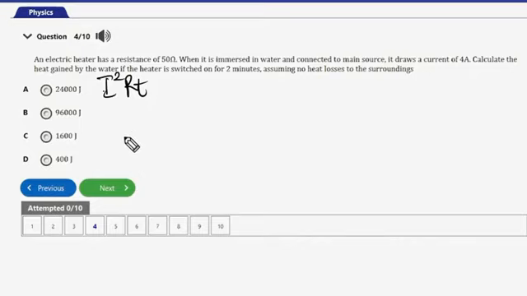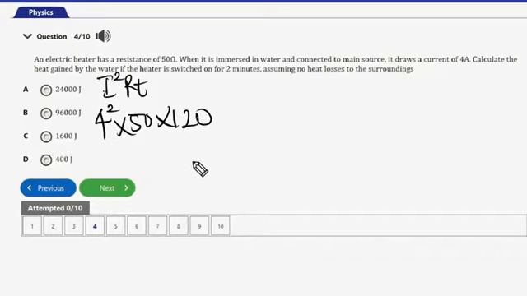So the current here is 4, so we are going to have the square of this 4, then times the resistance, which is 50 ohms, and then times the time. The time is 2 minutes, and 2 minutes times 60, that's 120 seconds.